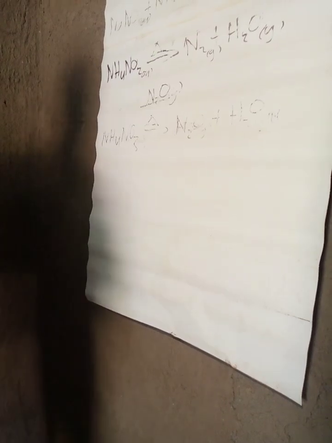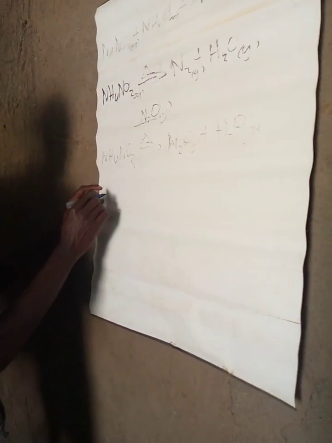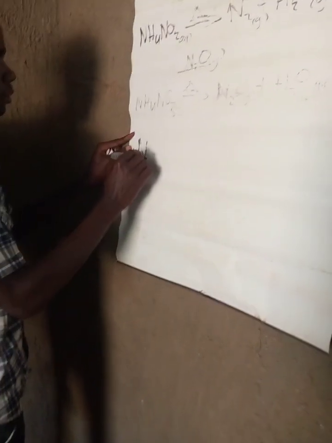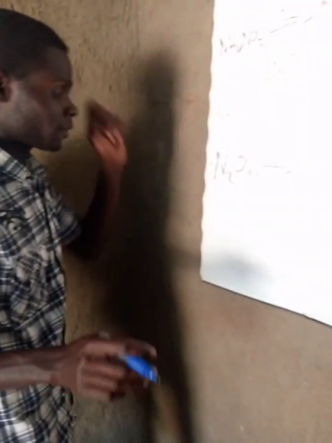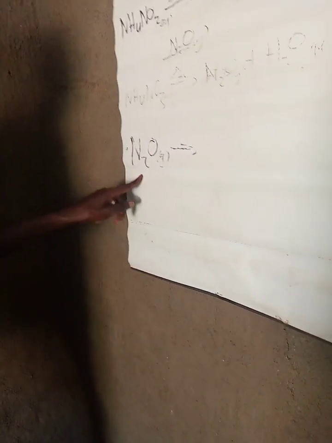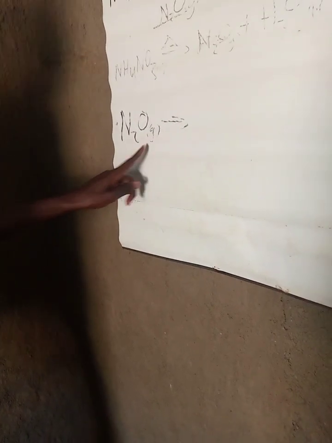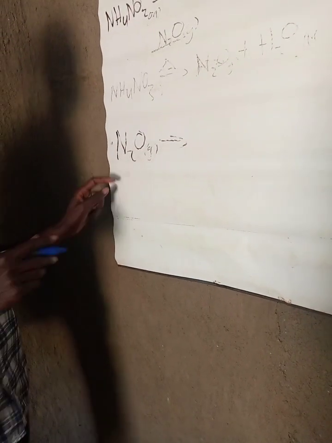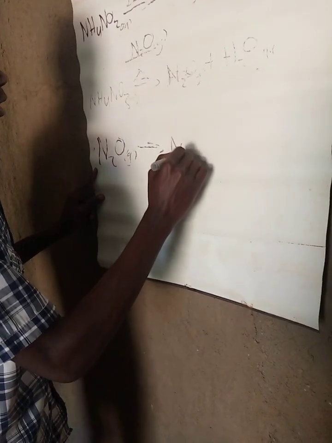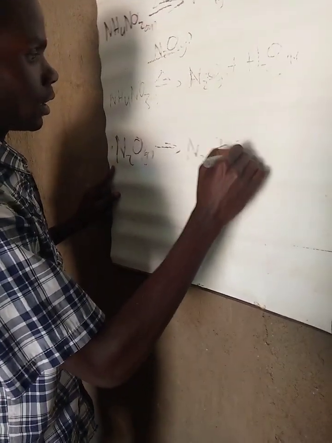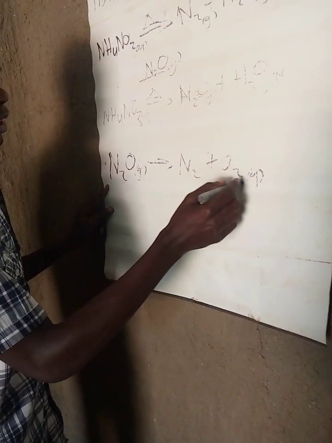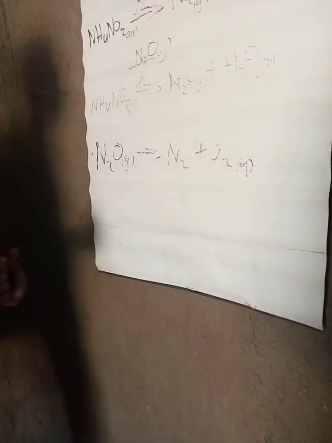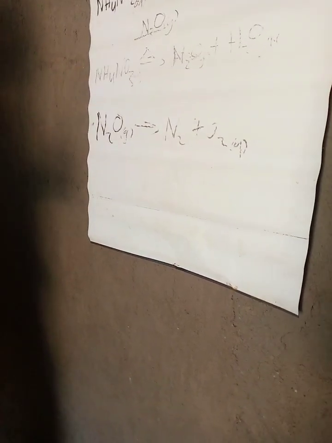If you take a glowing splint and put it in a gas jar containing nitrogen 1 oxide, the heat from the glowing splint is going to dissociate nitrogen 1 oxide into nitrogen and oxygen. This oxygen is the one responsible for relighting the glowing splint.